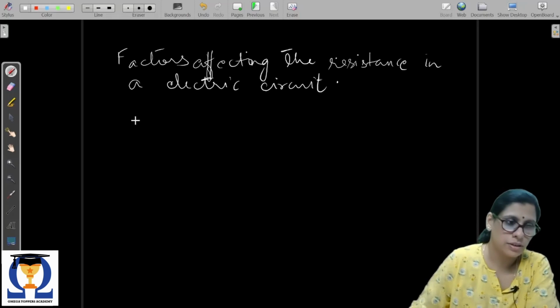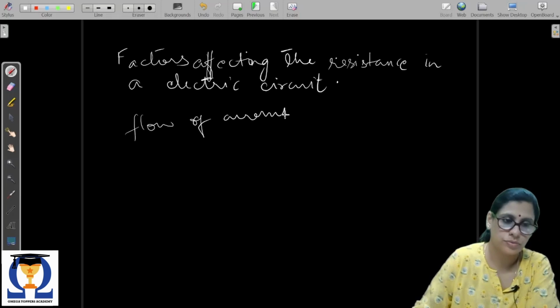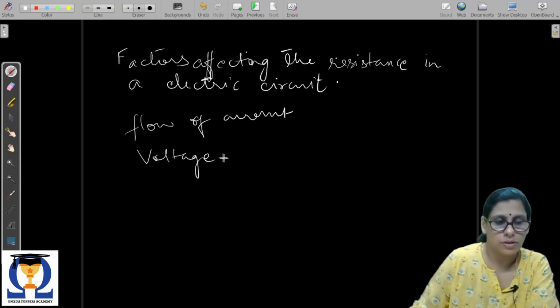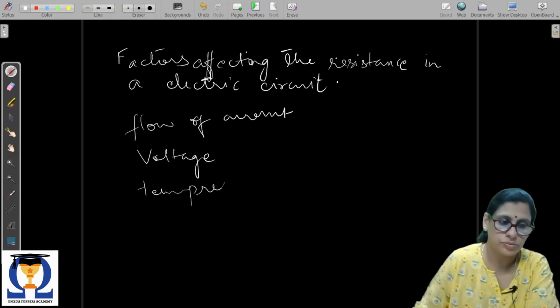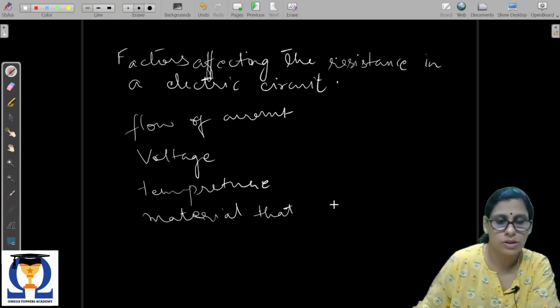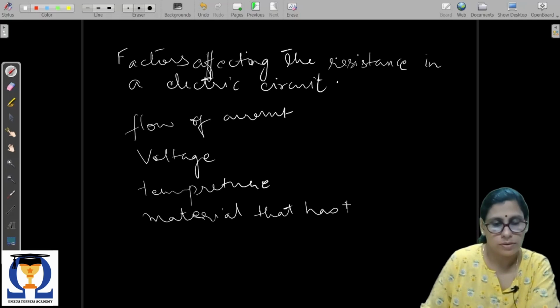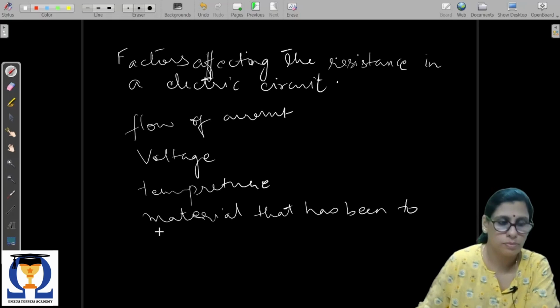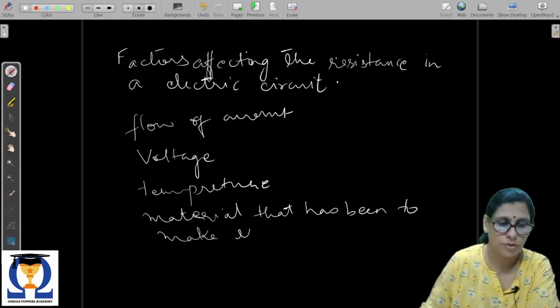So it is the flow of current, the voltage, then the temperature and the material that has been used to make the conductor or the conducting material.